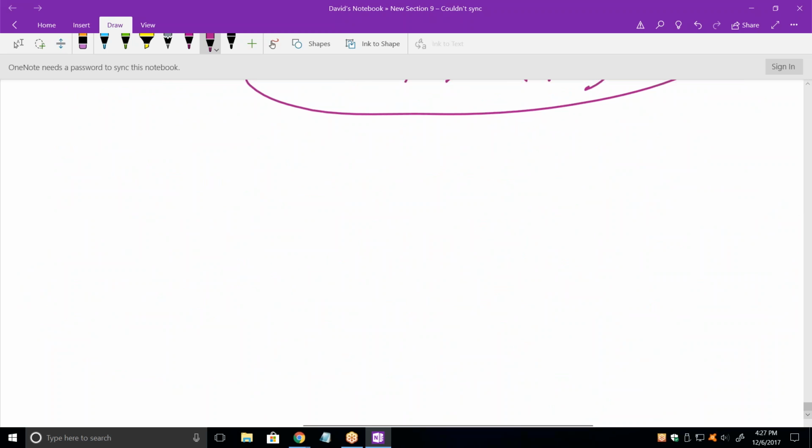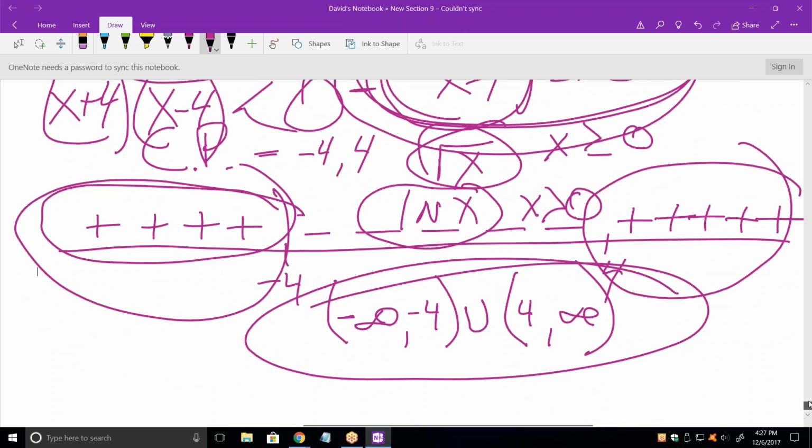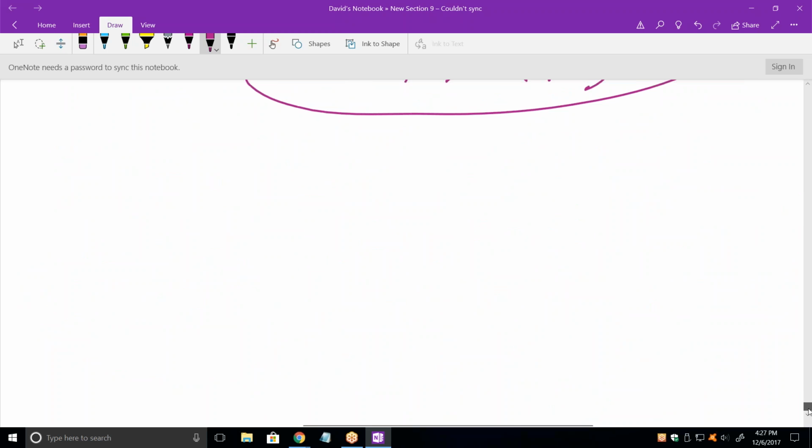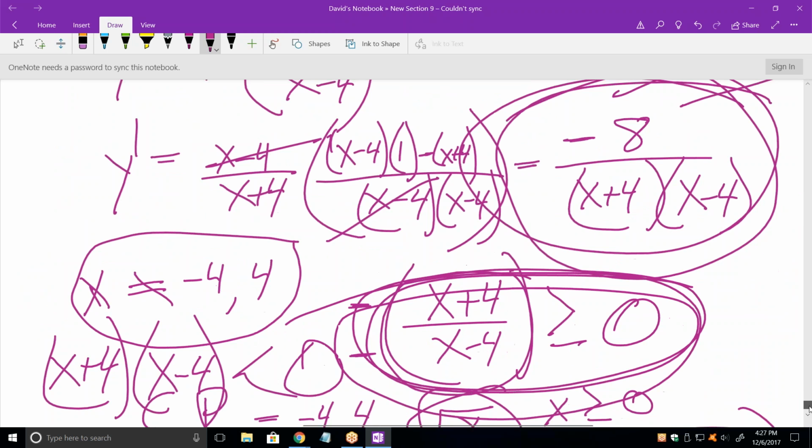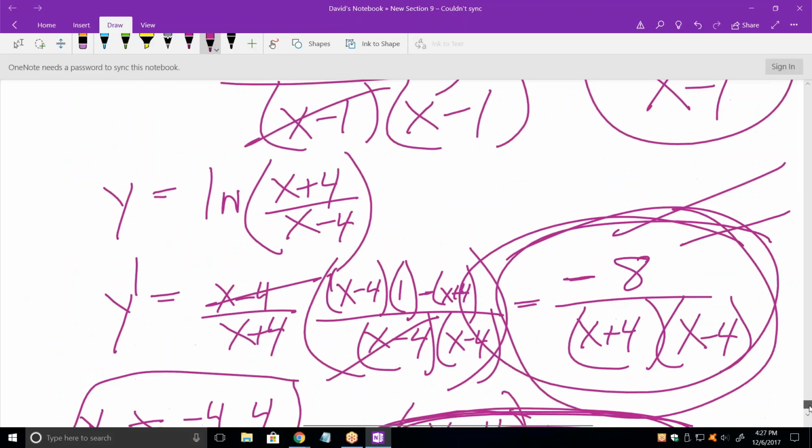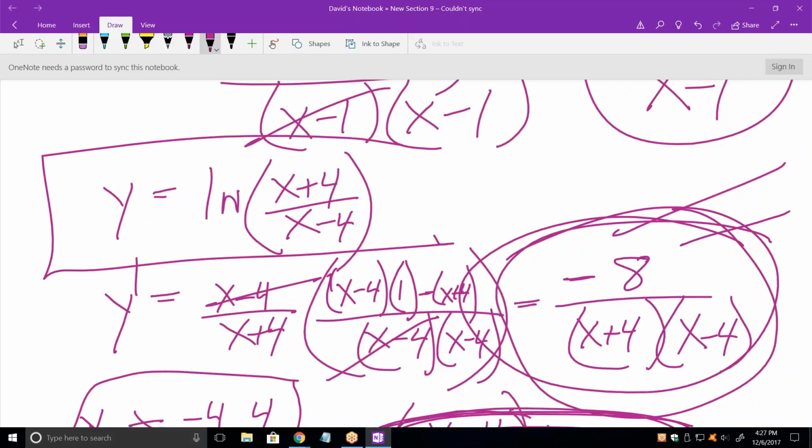In other words, what they were really asking on that question was, what's the domain? Actually, it wasn't just what's the domain. Here's the problem. The domain of that would be what I just put, -infinity to -4 and +4 to +infinity.